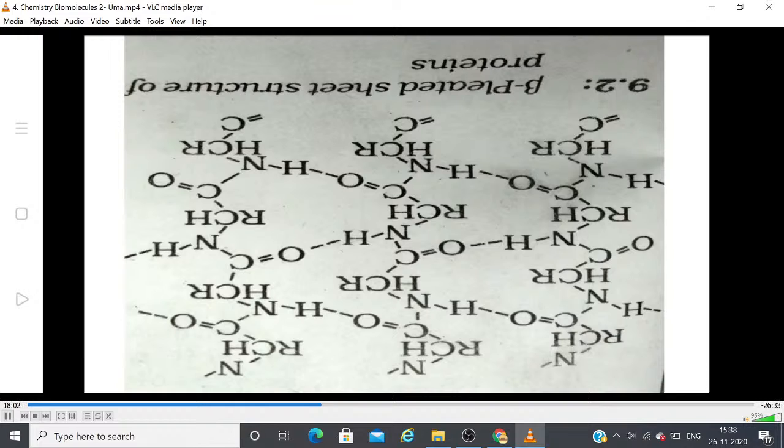In between these peptide chains, intramolecular hydrogen bonds are present. See, hydrogen bonds are formed between the amine group and the carboxylic acid. These peptide linkages are stretched and put together side by side. This is the structure of the beta pleated structure protein.